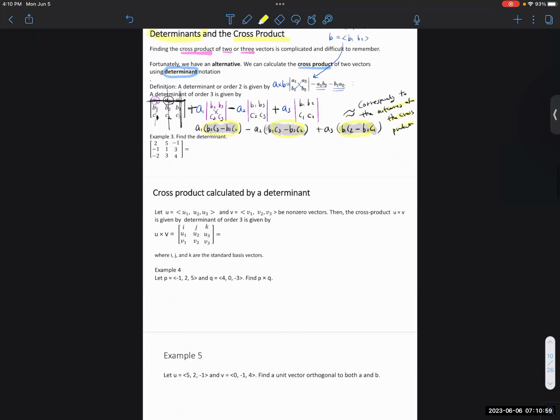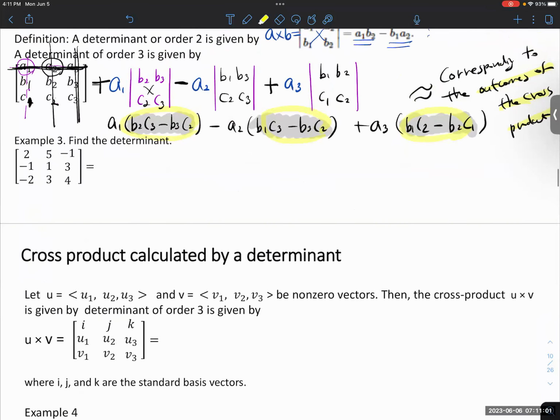Again, let's use an example. Quick practice. Find the determinant of 3 vectors. So we have 2, 1, 3, 3, 4, minus A2, 5, and then you're going to cross that, -1, 3, -2, 4, plus the last one, -1, 1, -2, and 3.